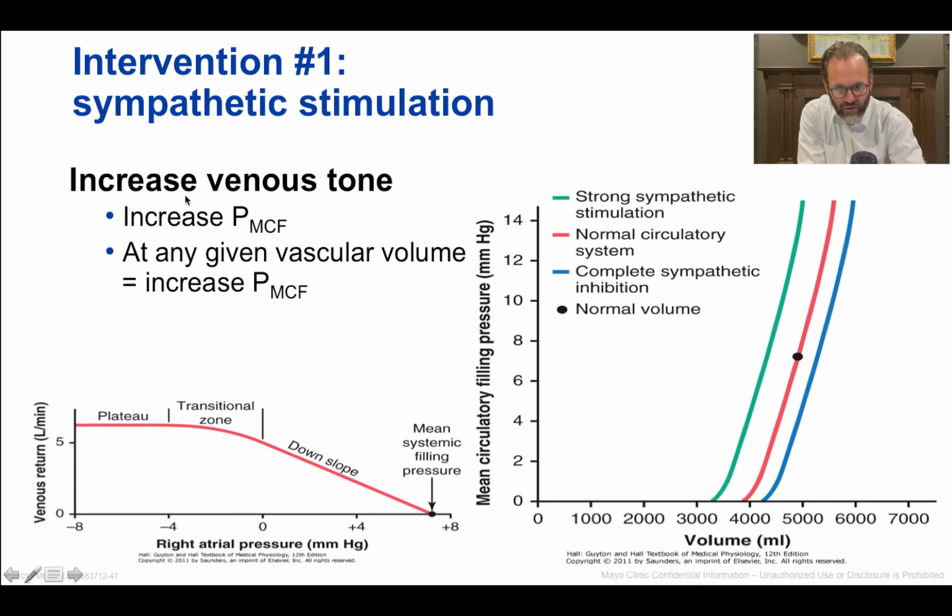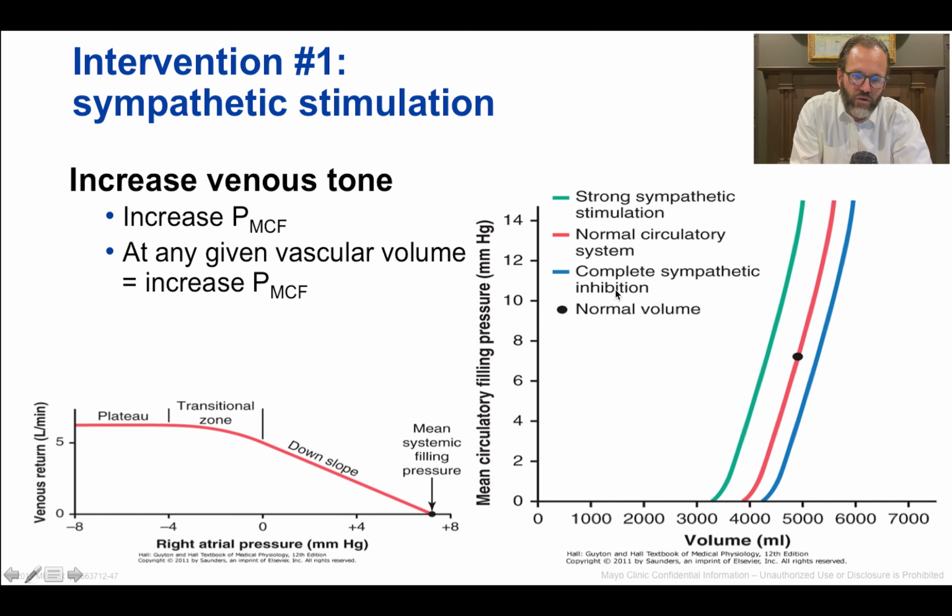So here we get an increased venous tone. And what that's going to do is, at any given blood volume, increase the mean circulatory filling pressure. Okay, and that's probably one of the more important components here, because you're not going to be changing your functional overall volume very much with any of these interventions without blood transfusion or blood loss.